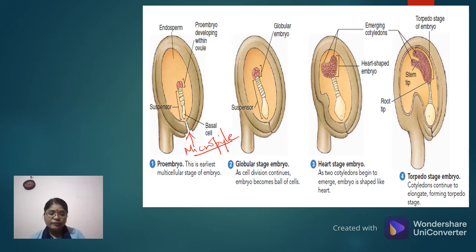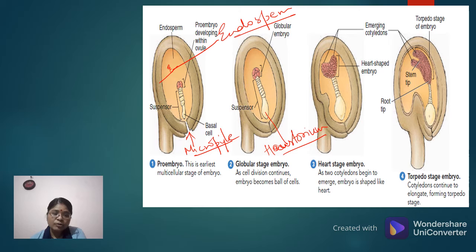Now this zygote divides, and firstly it forms your suspensor cells. And this bigger cell, can you see, is called the haustorium, which helps in deriving nutrition from this endosperm. This yellow part which you see is your endosperm.